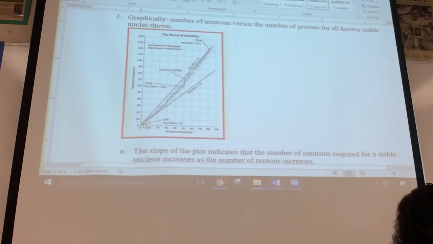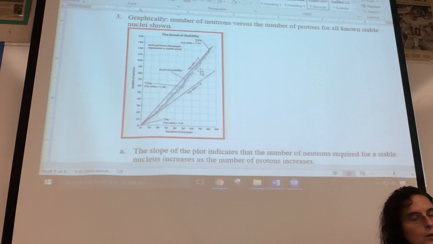So helium would be there, and calcium would be right here, 20, 20. Within the 1 to 1 and 1.5 to 1 neutron to proton ratio, this area here is a band of stability, and most elements will be within this region because their neutron to proton ratio is between 1 to 1 and 1.5 to 1.